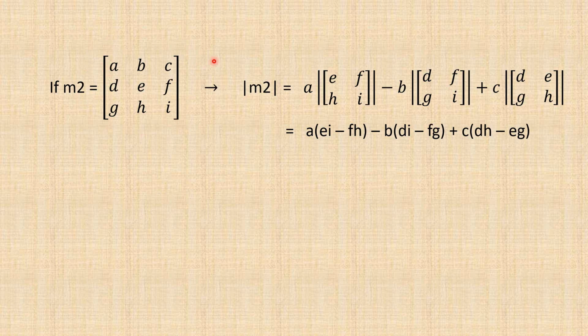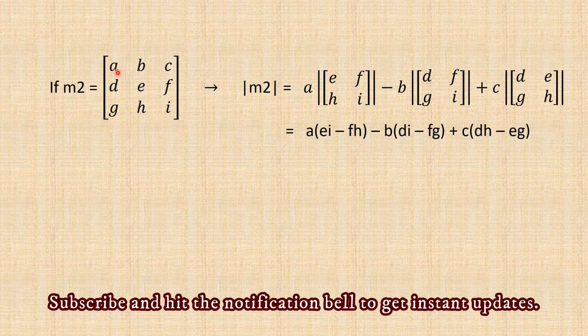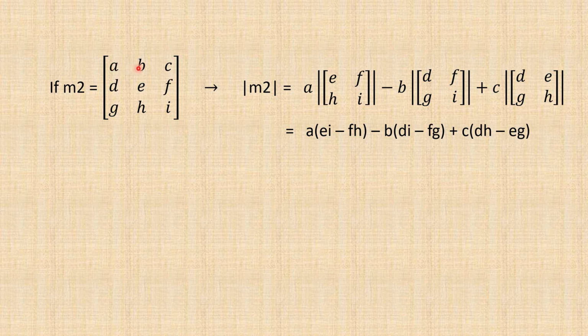We can compute the determinant of this 3 by 3 matrix as A multiplied with determinant of the submatrix, which we can get by ignoring the row and column containing A. This is the row we need to ignore, and this is the column we need to ignore because both are having the A. Then the remaining elements are E, F, H, I. That gives a 2 by 2 matrix. For that we need to compute the determinant. Minus B multiplied with determinant of D, F, G, I. So this is the submatrix we got.